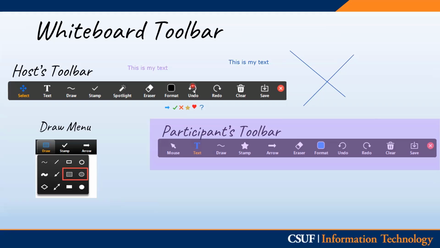And then next to that, of course, undo. Undoes the last thing that you just did. Redo, redoes it again. With clear, I really like the clear options here because with the clear, I have the option to clear all of the drawings, or just my drawings, or just my viewers' drawings.